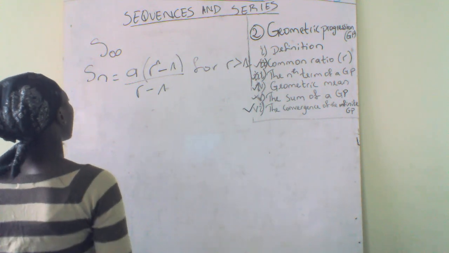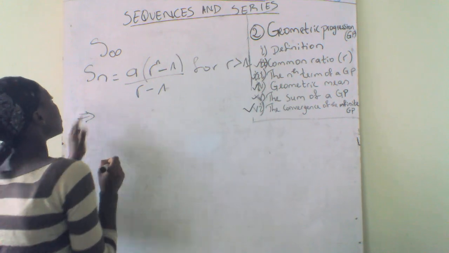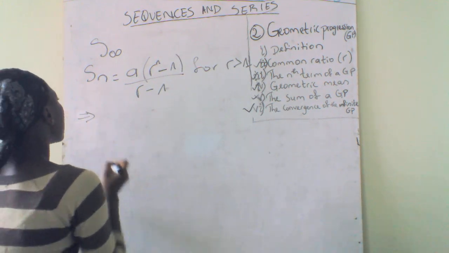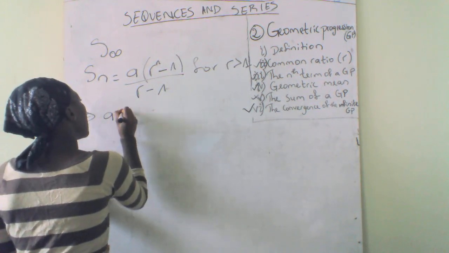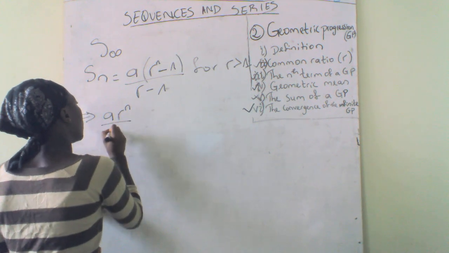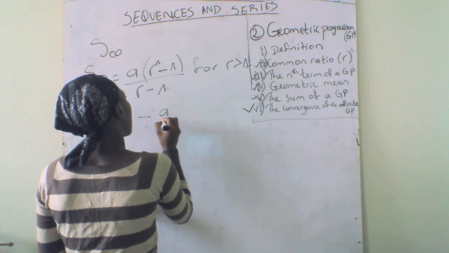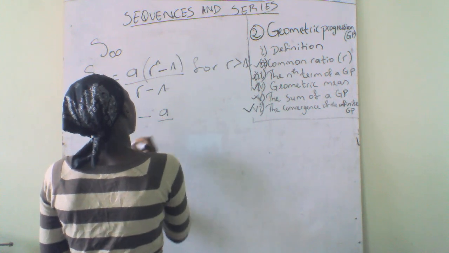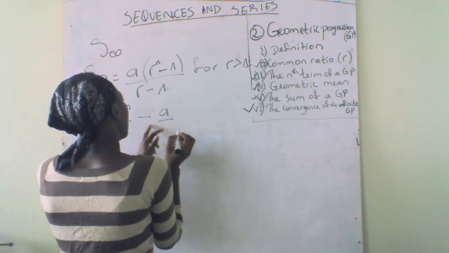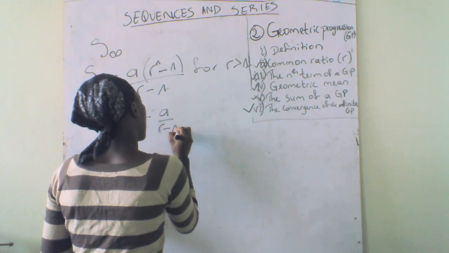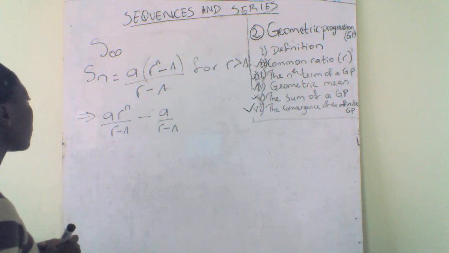Now, this Sn still equals ar^n over r minus 1 minus a over r minus 1.